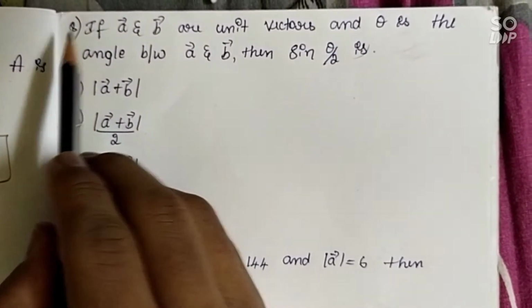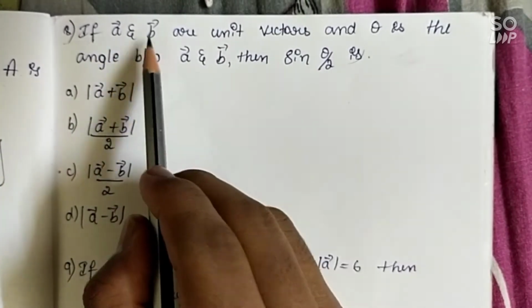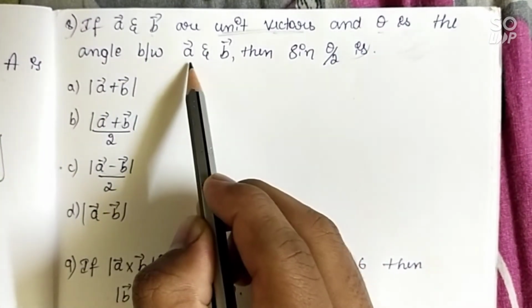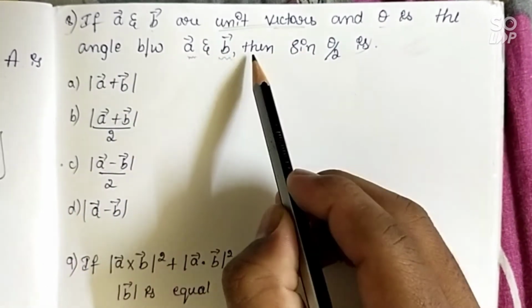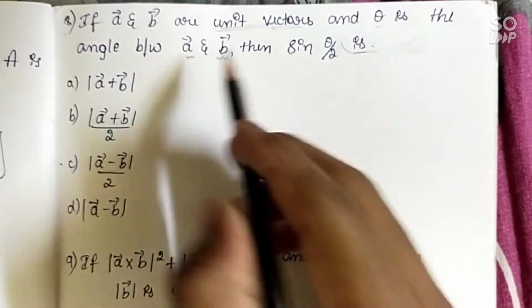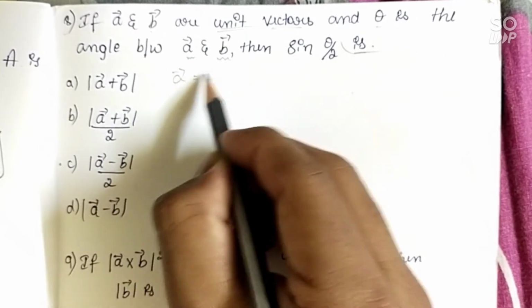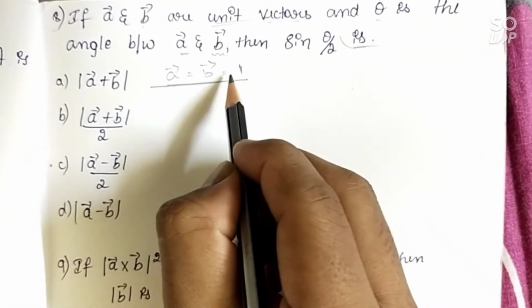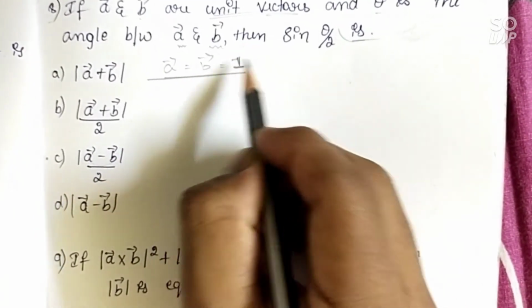Now 8th question. If vector A and vector B are unit vectors and theta is the angle between vector A and vector B, then sine of theta by 2 is. They have given that vector A and vector B are unit vectors, that is magnitude of A is equal to magnitude of B is equal to 1, unity.